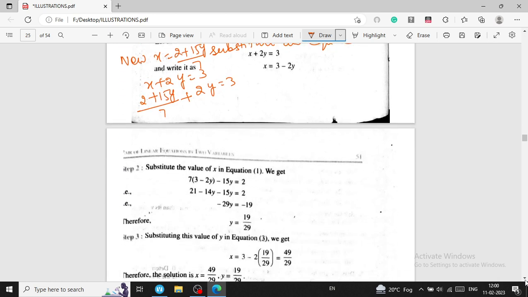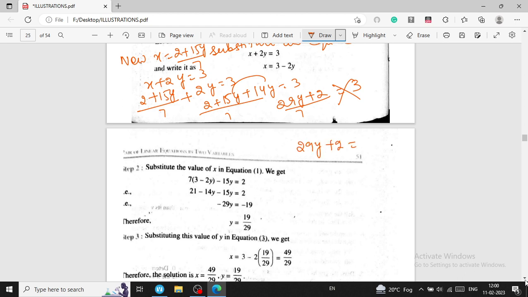Now take the LCM 7: 2 plus 15y plus 14y over 7 is equal to 3. Adding, 29y over 7 plus 2 is equal to 3. Now by cross multiplying we get 29y plus 2 is equal to 21. 29y is equal to 21 minus 2, y is equal to 19 by 29.